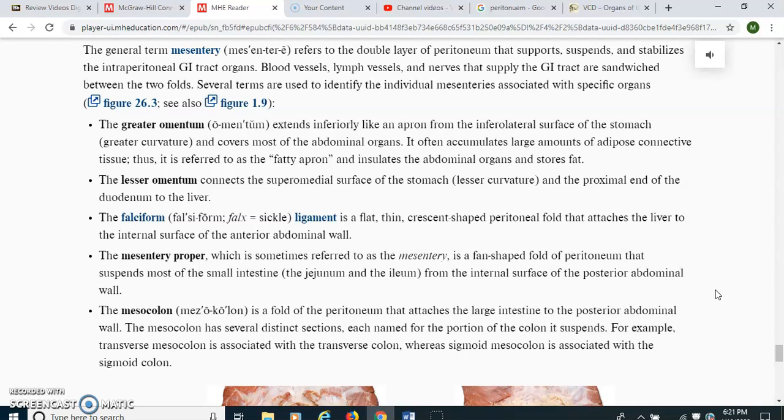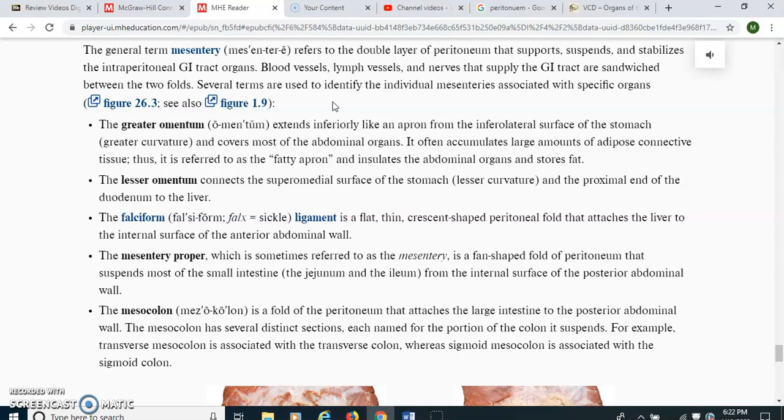Generally, most of them function to suspend, support and hold in place all of the abdominal organs that they're attached to. Except the greater omentum is not doing a lot of attaching. It does attach the greater curvature of the stomach to the transverse colon, so I guess it is stabilizing and supporting those structures.